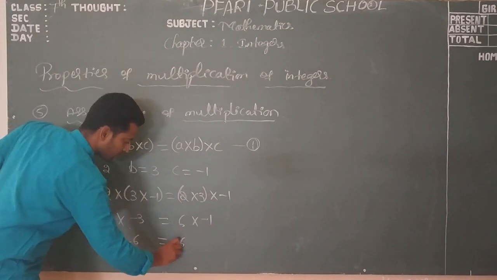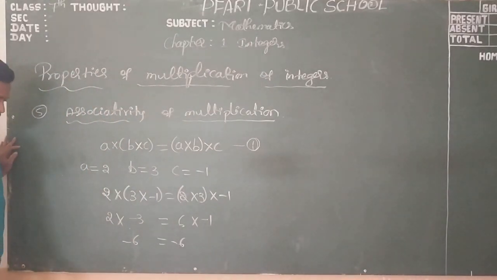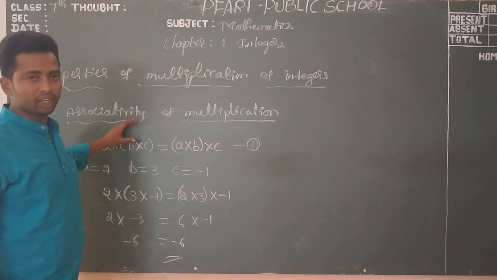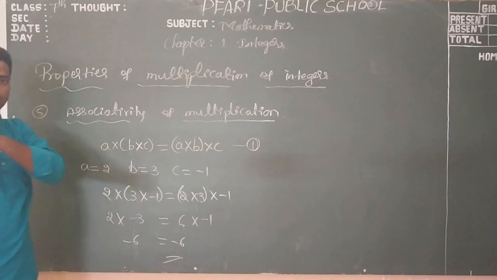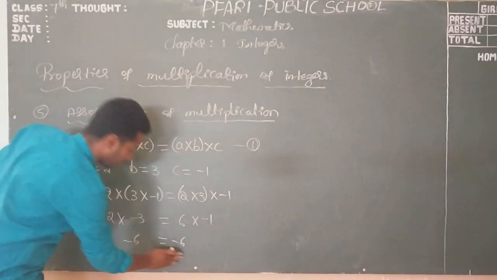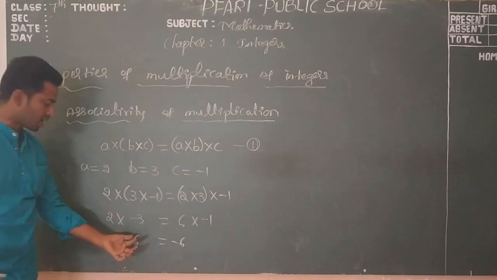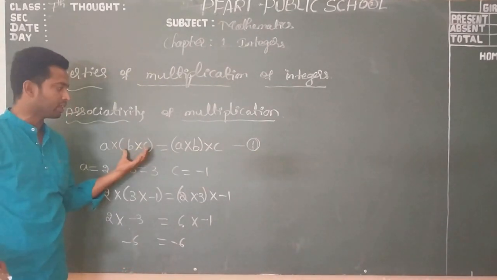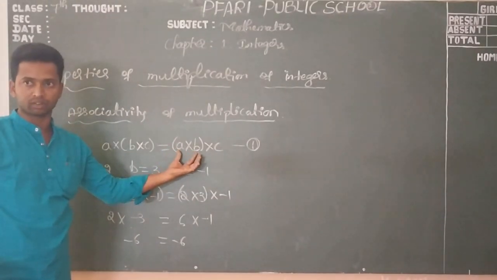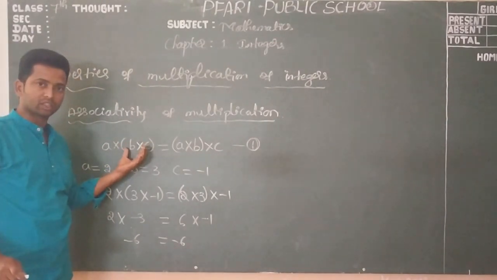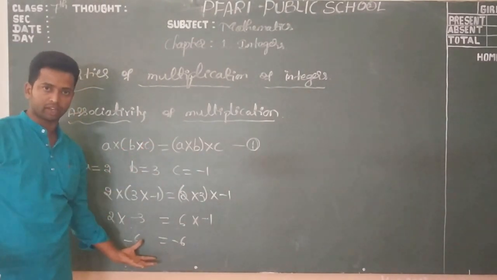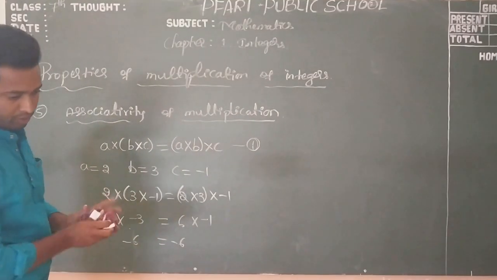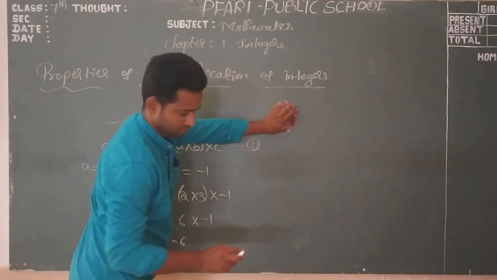So this property holds good and is verified for integers under multiplication. The product of the integers does not change by grouping the integers. It remains the same. So this is the associativity of multiplication.